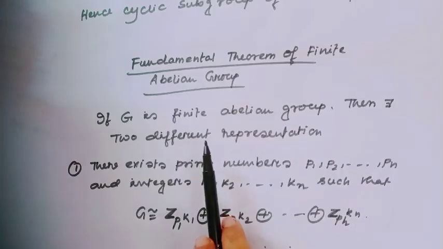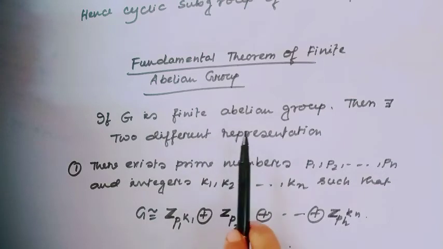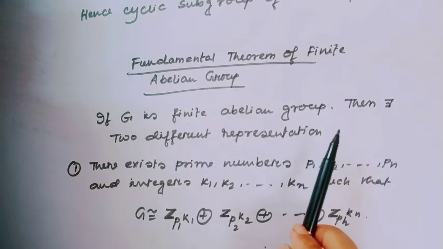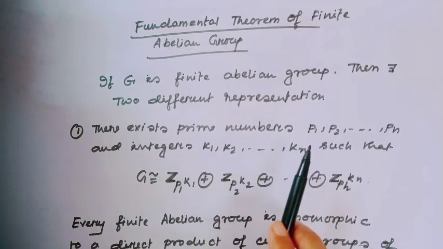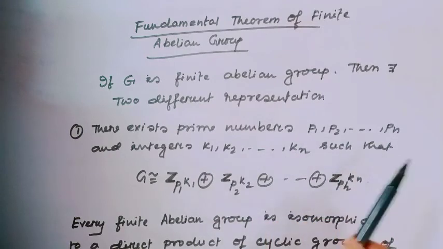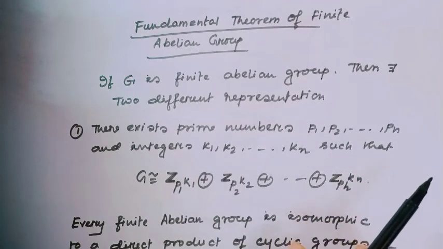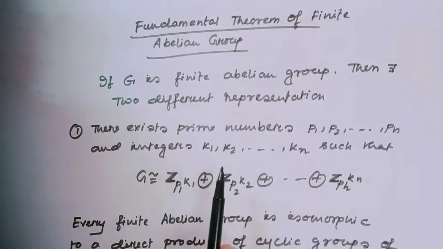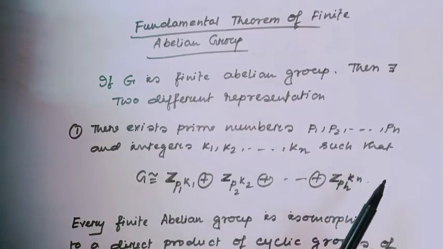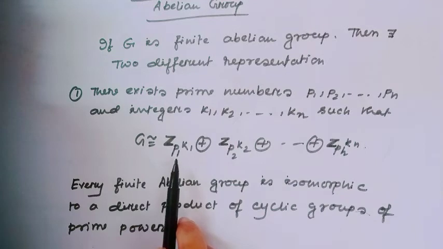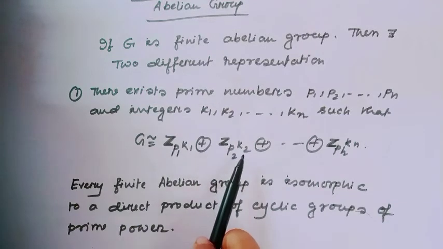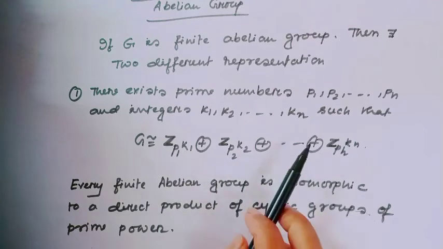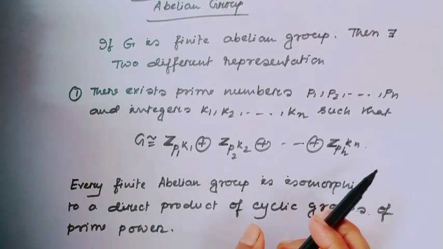And the statement of the theorem is: if G is a finite abelian group, then there exist prime numbers p1, p2, up to pn, not necessarily distinct, and integers k1, k2, up to kn such that G is isomorphic to Zp1 to the power k1, direct product Zp2 to the power k2, up to direct product Zpn to the power kn.